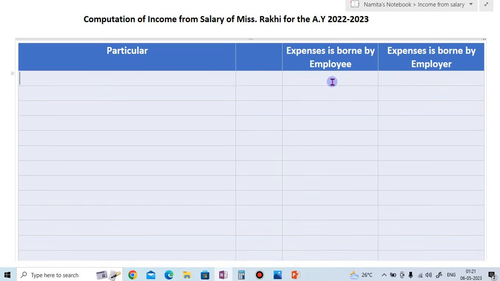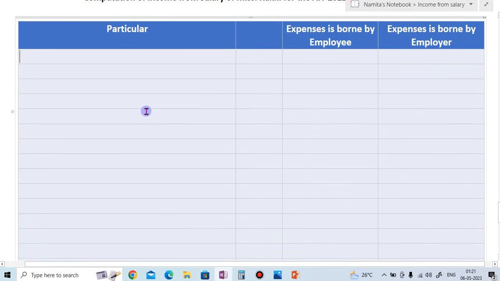So by both methods we will compute it. Okay, so now we'll go step by step.